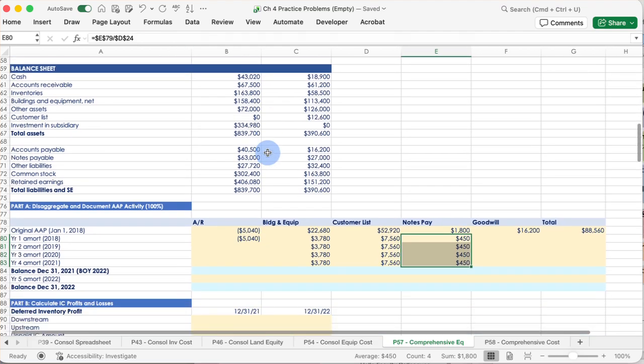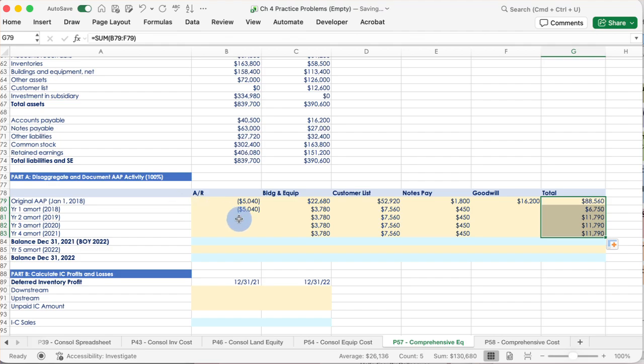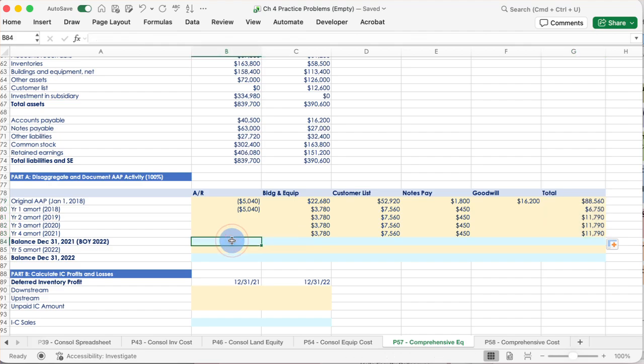So we really just plugged in a whole bunch of information here. There's no amortization on the goodwill, so we can just leave that blank. We can pull our sum function down so that we see the amount of amortization for each year. And then we're going to calculate the balance as of the beginning of the year.